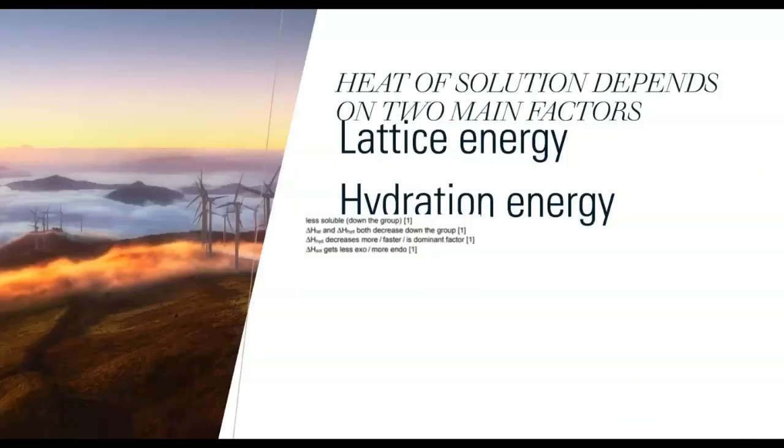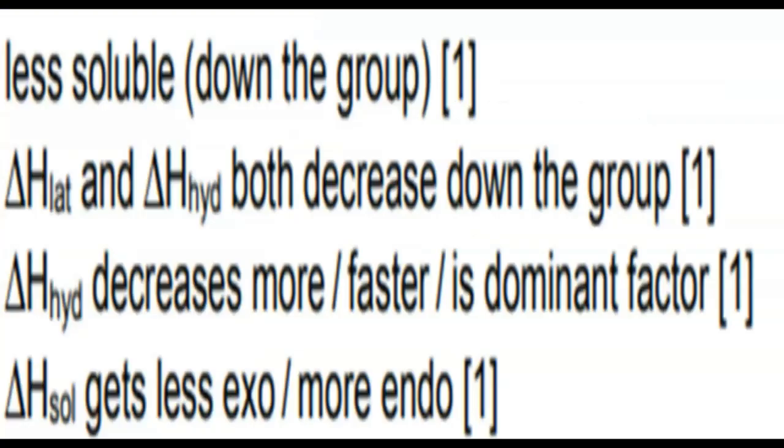Now, heat of solution depends on two main factors, lattice energy and hydration energy. In this case, as we move down the group, the solubility of sulfates decreases. If we compare their lattice energy and hydration energy, both depend on the magnitude of charge and the size of the ion.